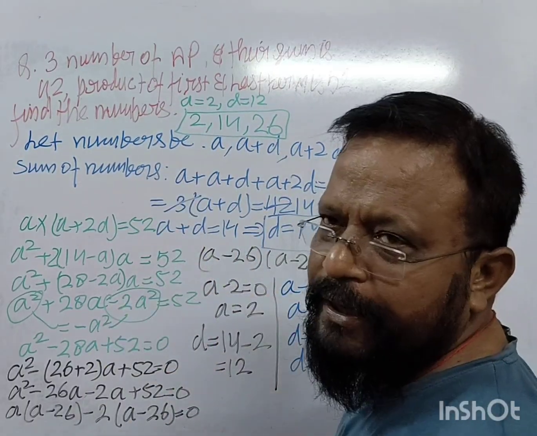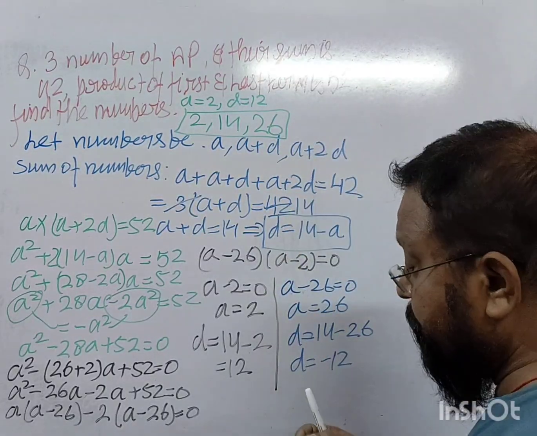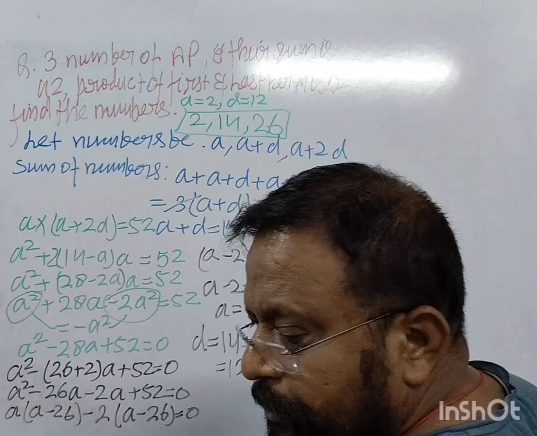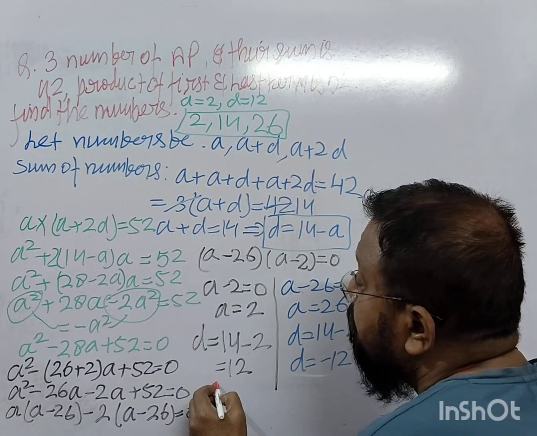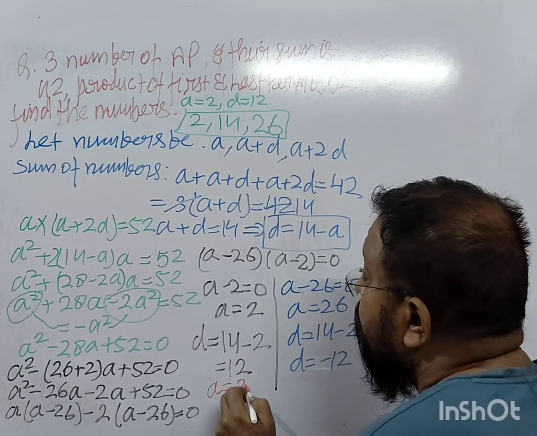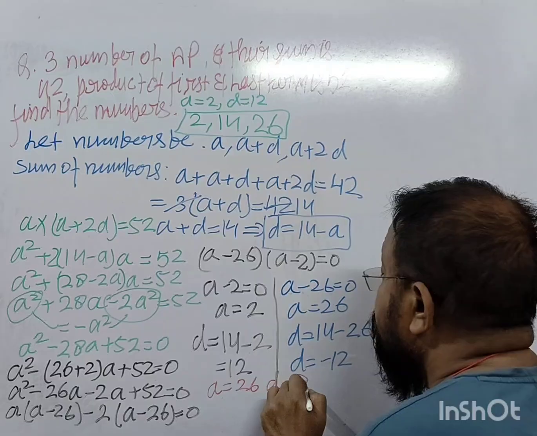Otherwise, if you convert it in another way, the next series will be, if you take a is equal to 26 and d is equal to minus 12.